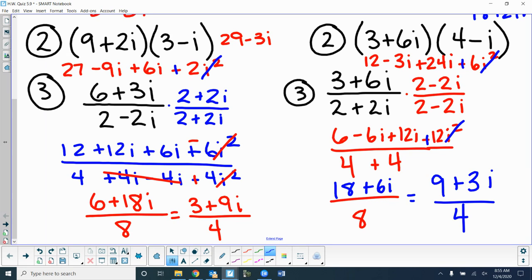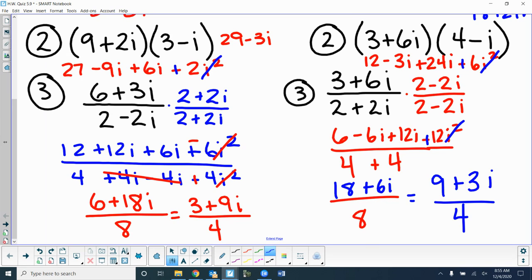And when you're done, it's 1 minus 3i over 10. And for 102, you're going to multiply the top and the bottom by radical 2 plus i. And when you're all done, it's 2 radical 2 plus 2i over 1.